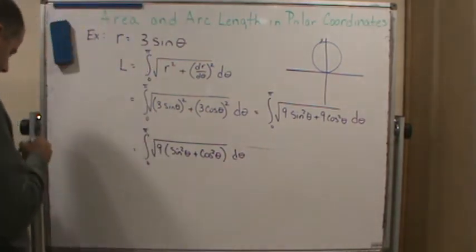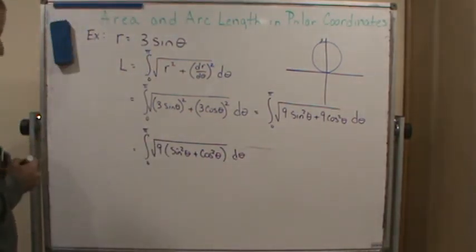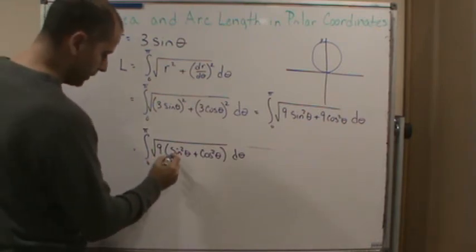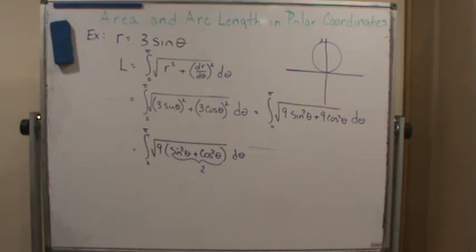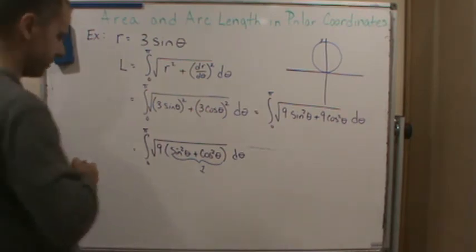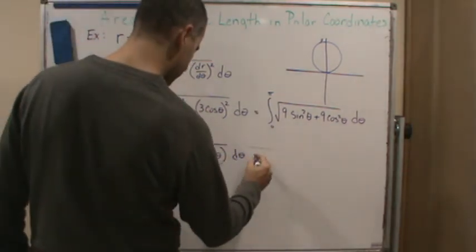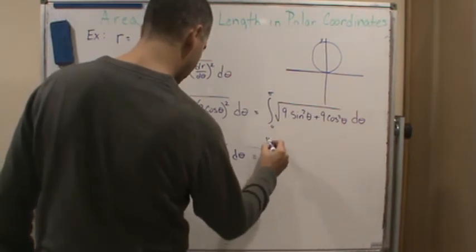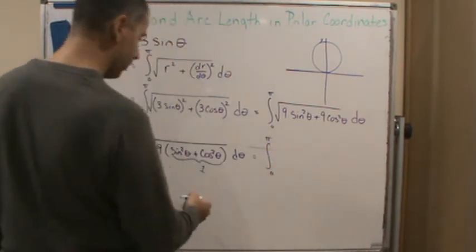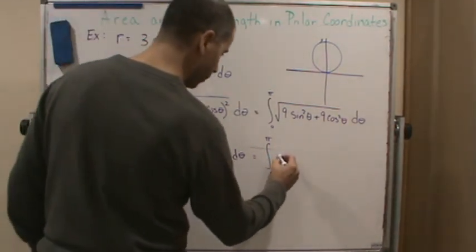And of course, sine squared theta plus cosine squared theta is just 1. So this is awesome, because this just gives us the integral from 0 to pi of the square root of 9, which is just 3.